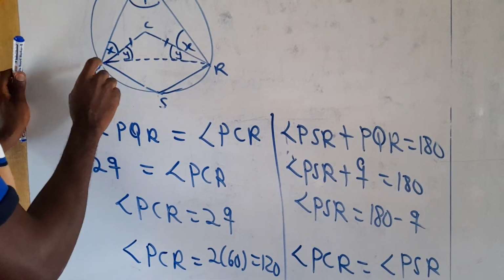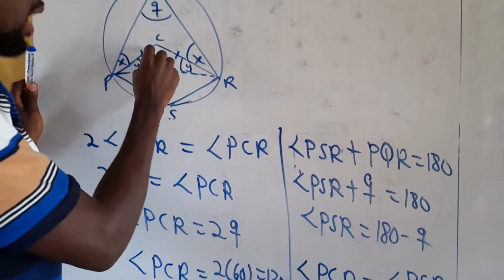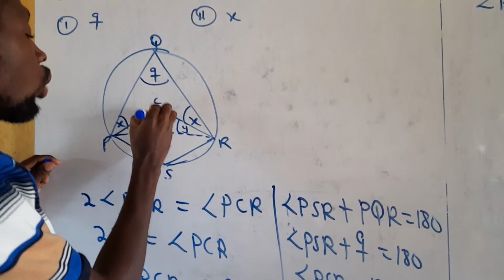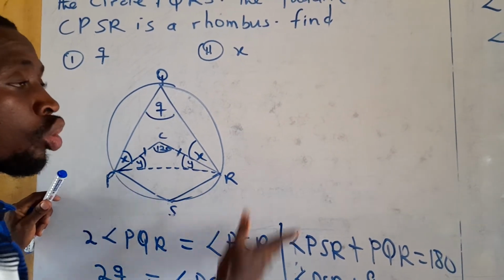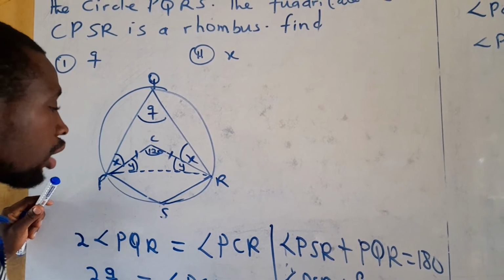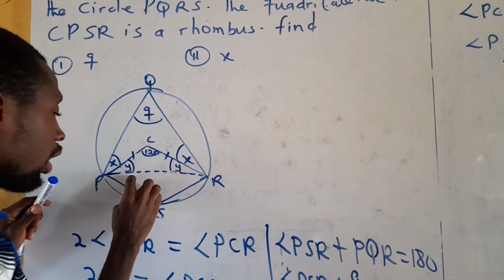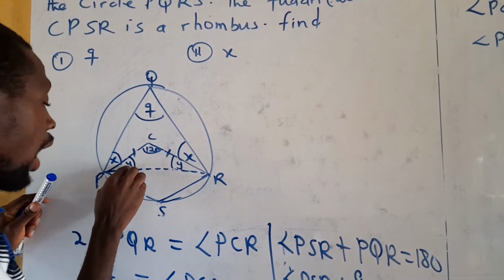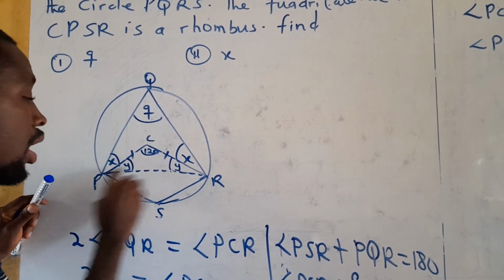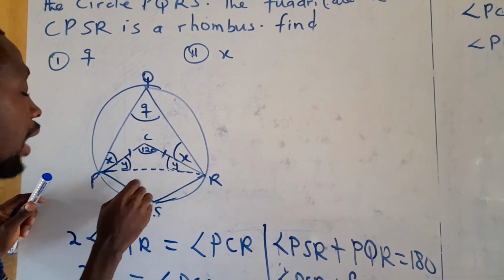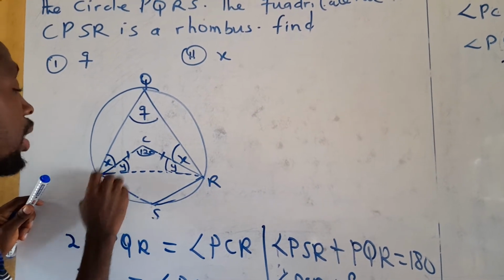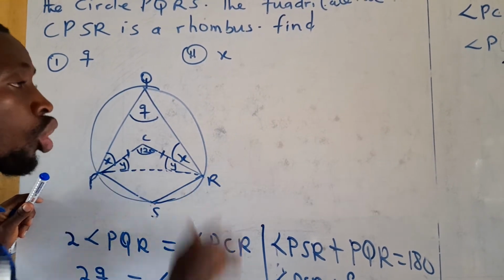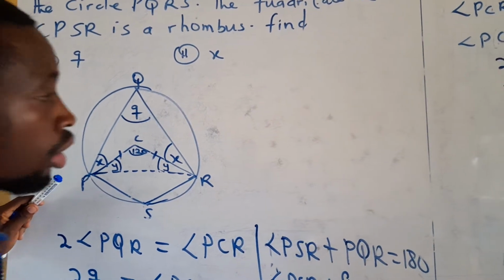So if PCR is a triangle, then the angle here, which is 120 degrees, plus these angles will be equal to 180 degrees. Then we can locate the angles here. So we can say y, that's angle CPR, plus y, angle PRS, plus angle PCR will be equal to 180 degrees.